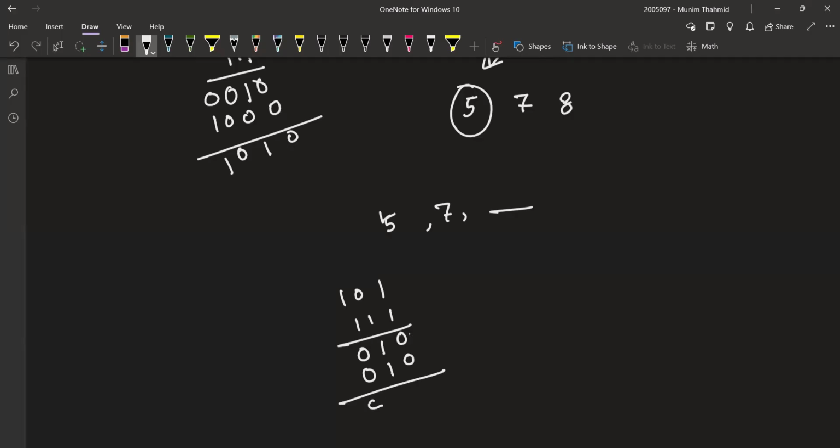What will happen? XOR will be 0, and it's the minimum. Or maybe the XOR value of 5 and 7 is 0, 1, 0, and maybe our third value is something like 0, 1, 1. Then our XOR value is going to be 1.